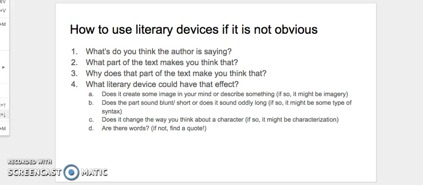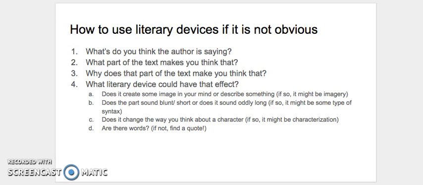Part 3 involves identifying what part of the text alters your understanding. So what is it about the text? Is it that it evokes an angriness?